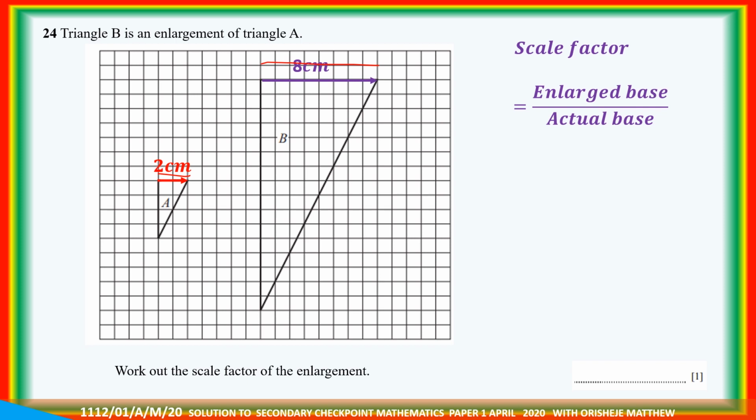So if you do that, it becomes 8 divided by 2. So the scale factor is 4. Work out the scale factor of the enlargement. So we multiply whatever length we got from triangle A by 4 to get the length of B.